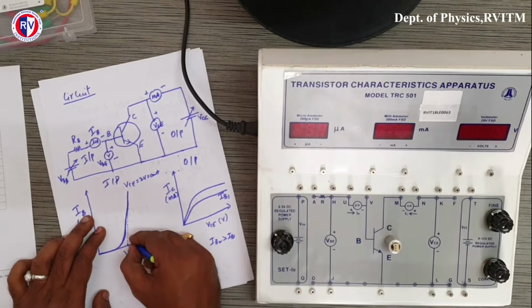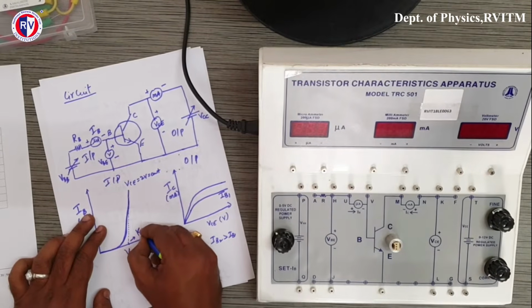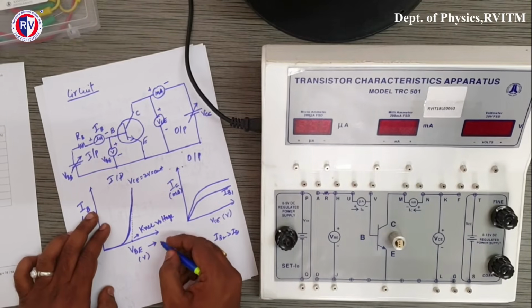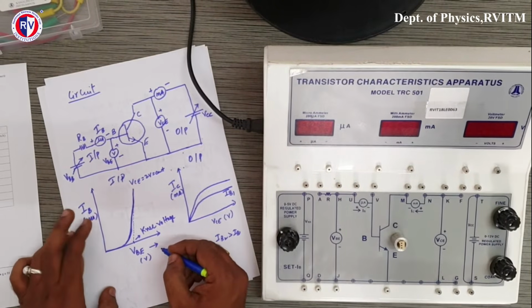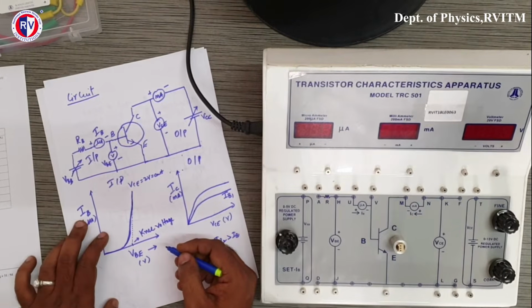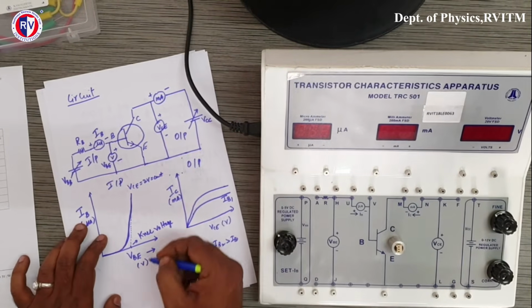This value we call the knee voltage. This is the forward voltage after which the current in the PN junction or transistor increases linearly with increasing voltage.